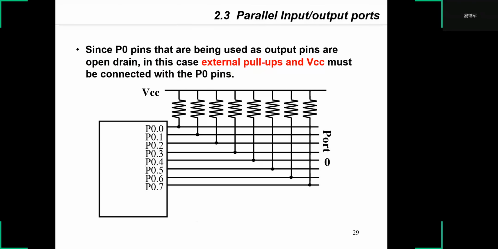So P0 pins that are being used as output pins are open drain. In this case, external pull-ups to VCC must be connected to the P0 pin, just like this. These resistors we call the pull-up resistors.